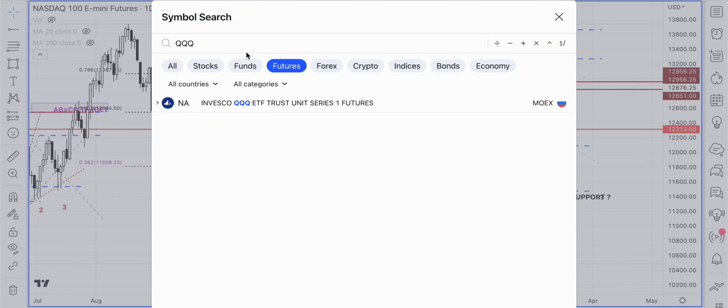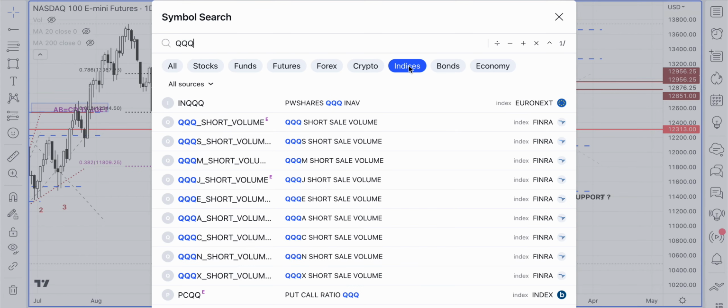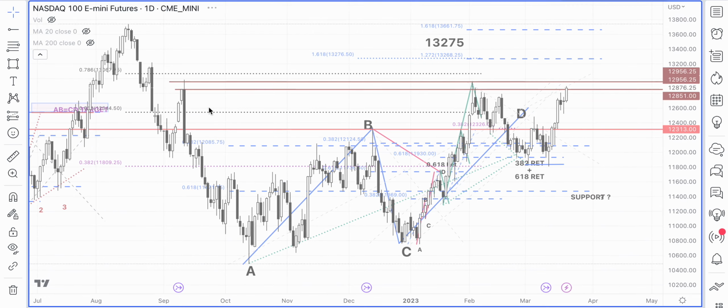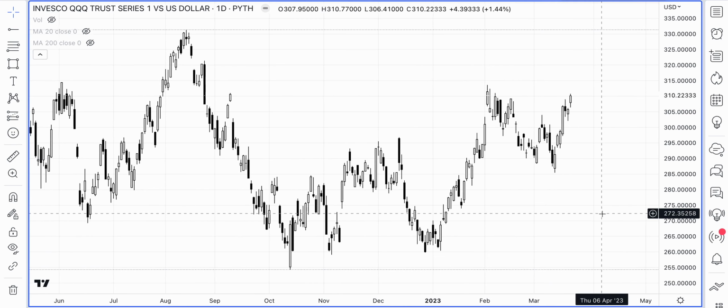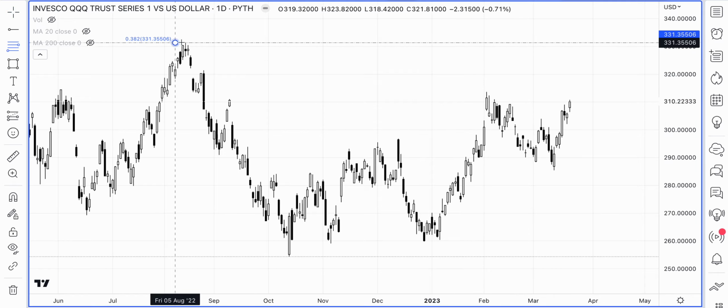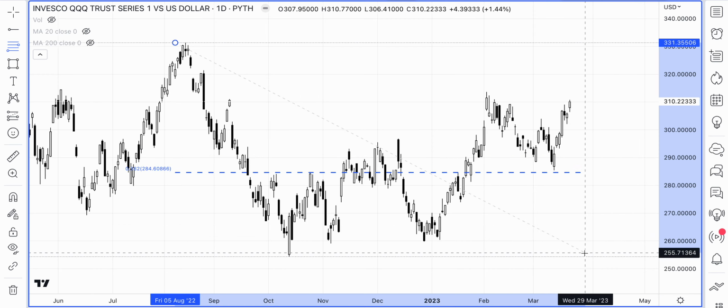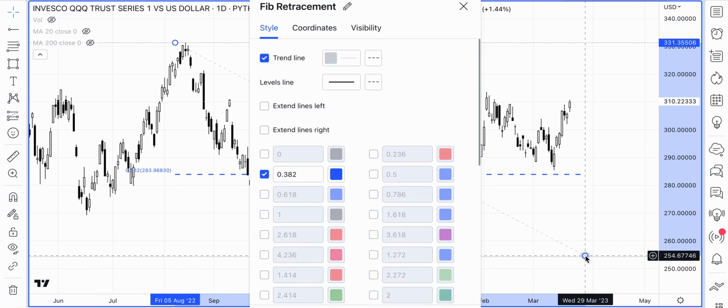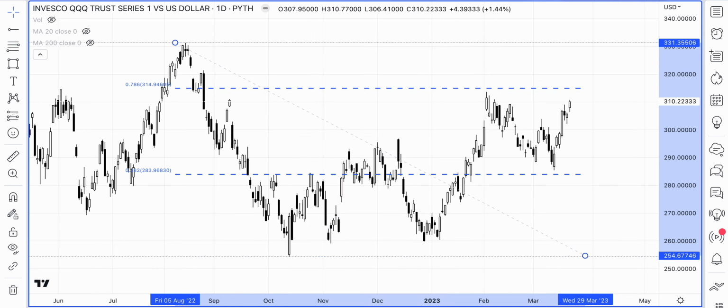While we are here, let's quickly take a look at the QQQs. A lot of people trade the triple Qs. So again, a similar kind of formation. I'll just do a really quick retracement level, and let's see what we get here. There we go.